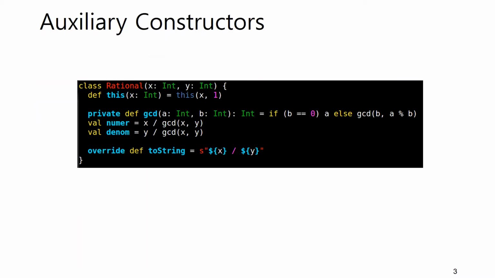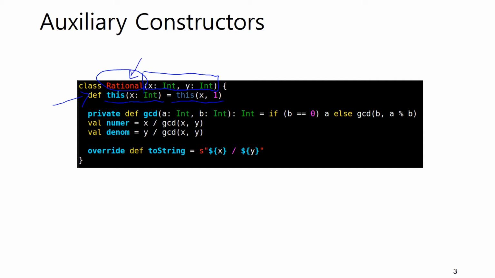A distinctive feature of the Scala language is that it allows only one constructor per class. For example, in this class, Rational, you can have only one constructor with two arguments of type int. You can have multiple auxiliary constructors shown over here, which must be defined in terms of the existing primary constructor.